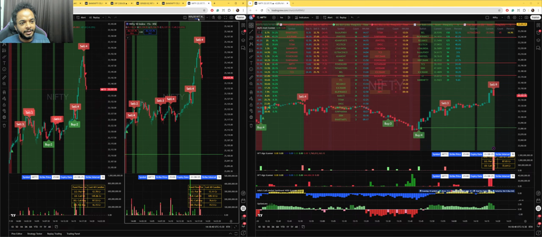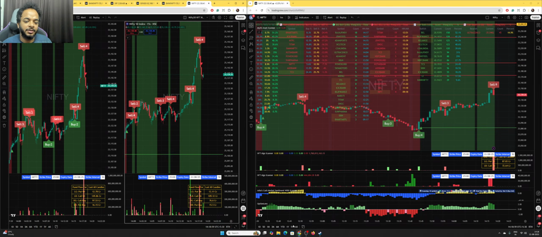As Avinash was asking how to use this: even if you are not a high frequency trader, you can keep this and see you are getting the sell signal, and also on M5 you are getting the put buying signal. So you can wait for the sell signal to come in, or maybe a slight fall to come in.